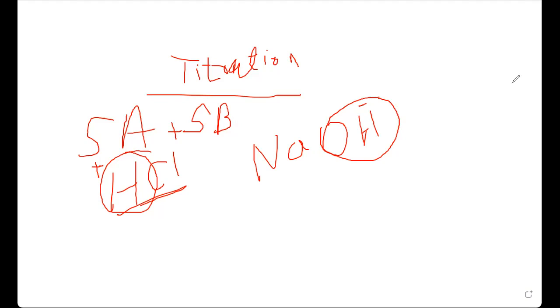Now let's discuss what happens when you react something weak. Let's take a stronger acid, HCl or any stronger acid, and consider a weak base here. So stronger acid and weak base. This is something which we have to focus on.